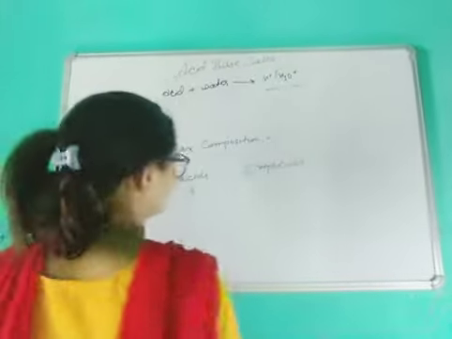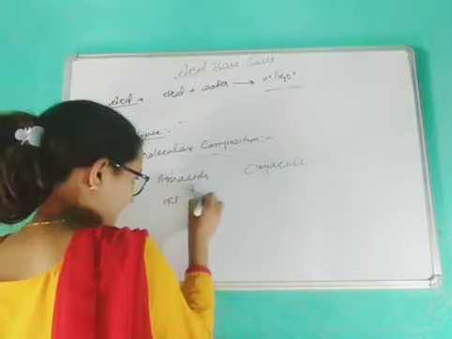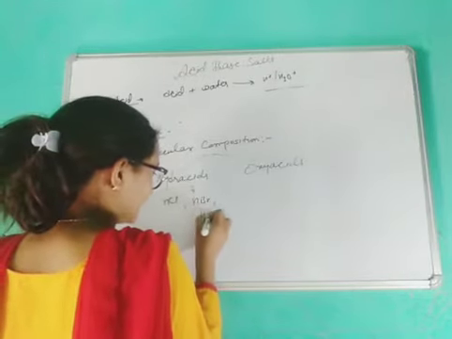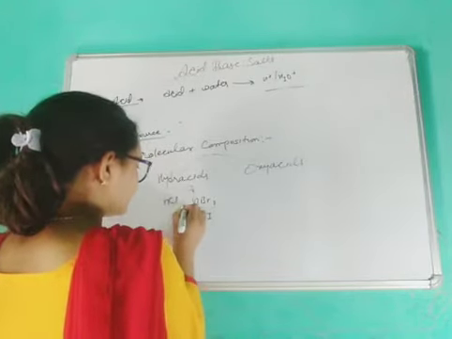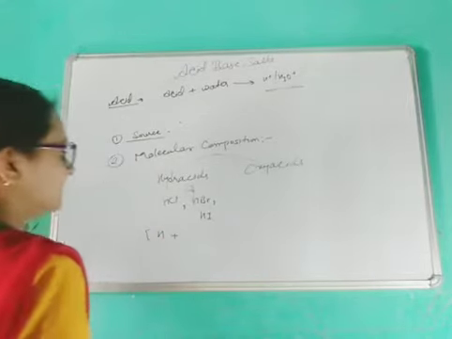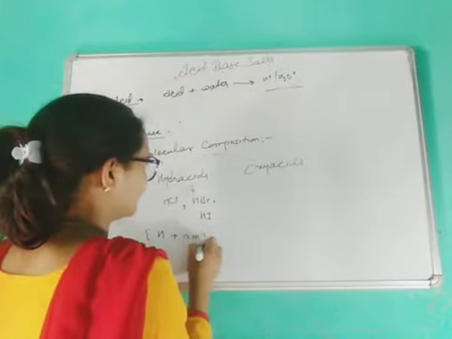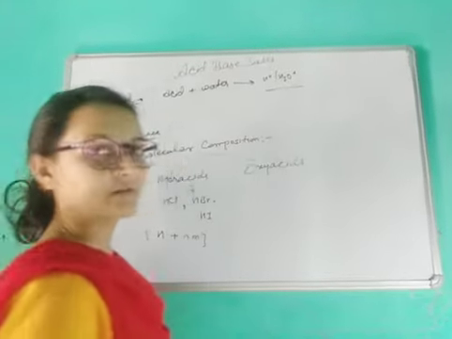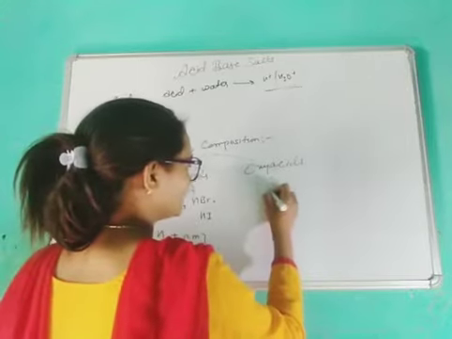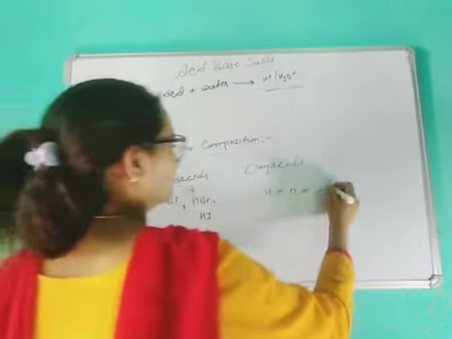Hydracids are, for example, HCl, HBr, HI. There is hydrogen plus any non-metal. And here, hydrogen plus another element plus oxygen.